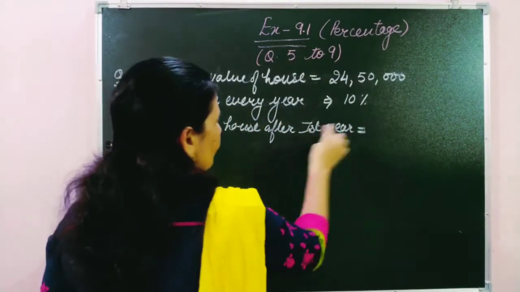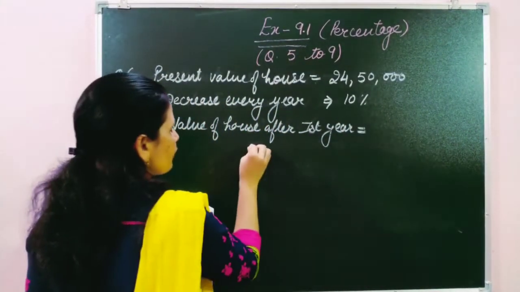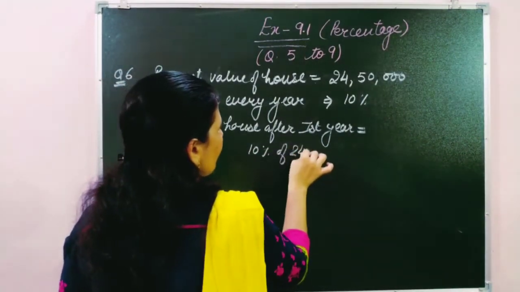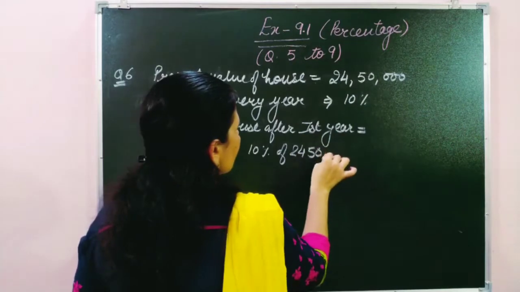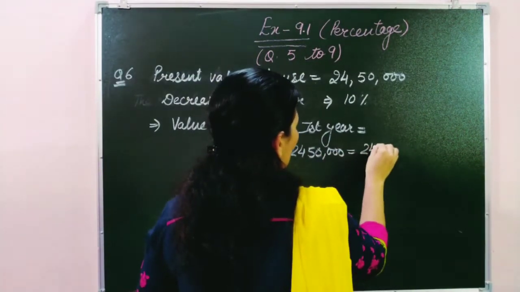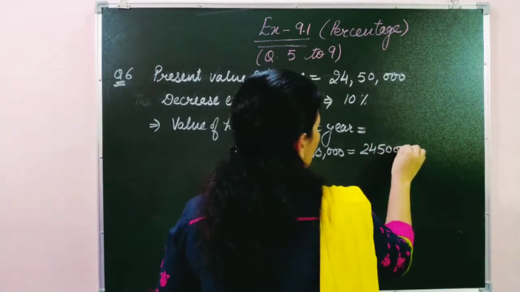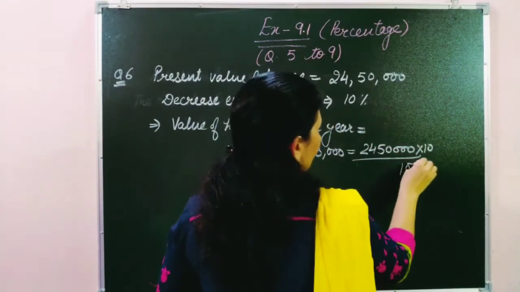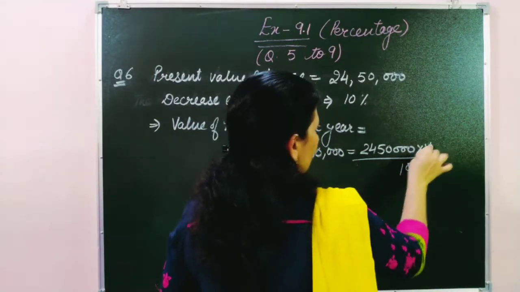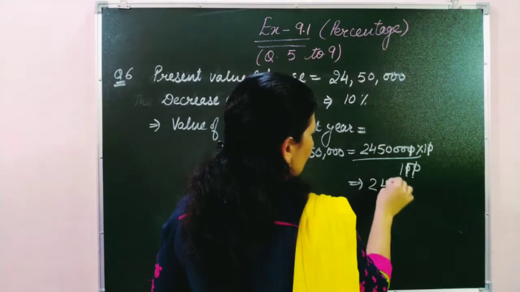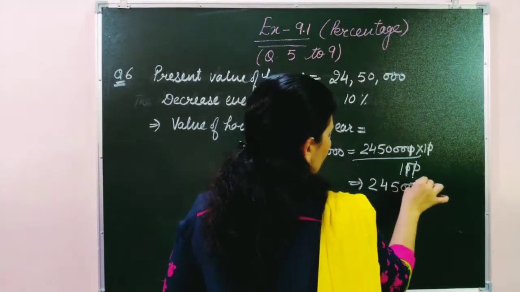To find the value of the house after the first year, first we need 10% of 24,50,000. So 2450 multiplied by 10 and divided by 100. The 10 and 10 cancel. So 10% is 2,45,000.